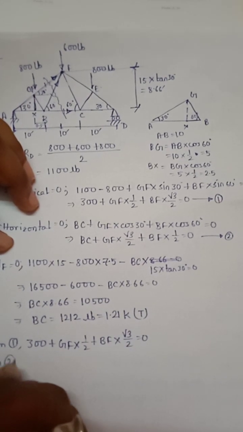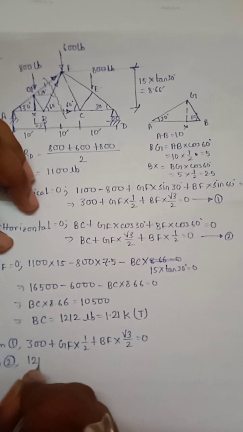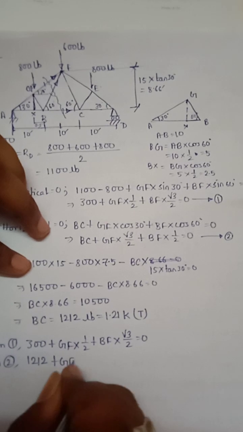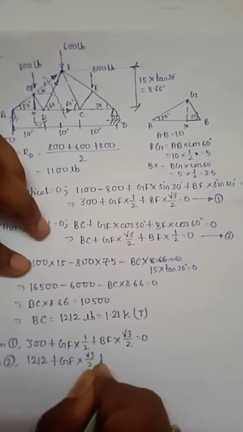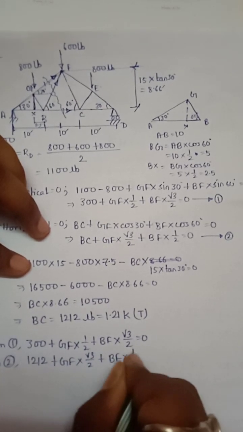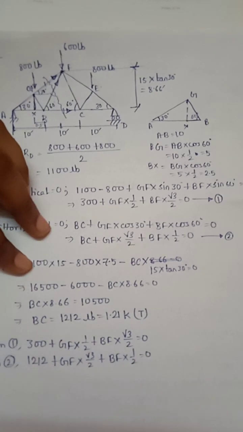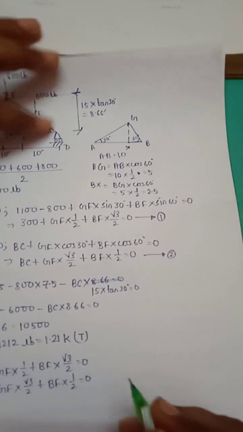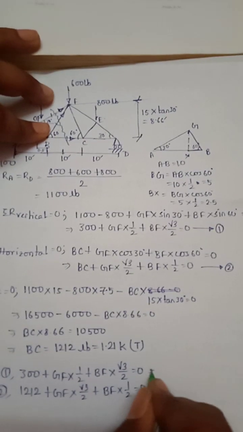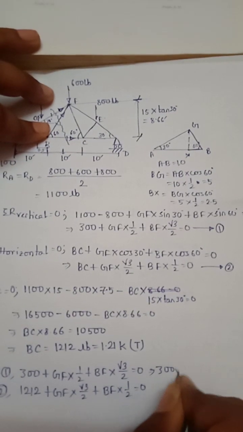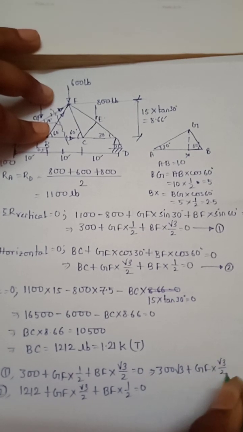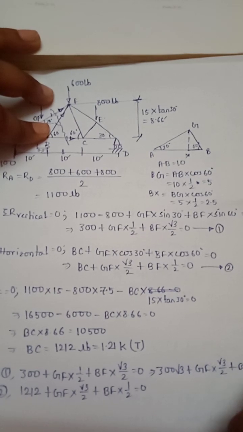From 2, 1212, that is BC, plus GF into root 3 by 2 plus BF into half equal to 0. Multiply equation 1 with root 3 on both sides, that will be 300 root 3 plus GF into root 3 by 2 plus BF into 3 by 2 equal to 0.